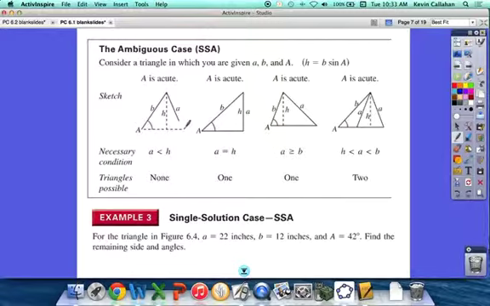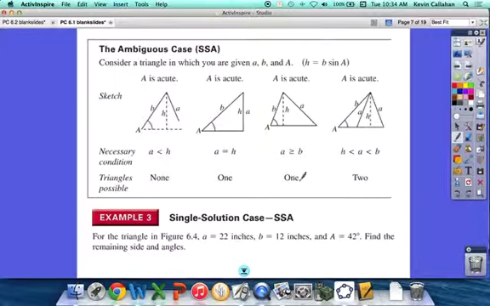So you cannot have a triangle in some cases if that side A is too short. If the opposite side, the A, is actually the same as the height, then you've got a right triangle. Then there's one solution. If the side opposite is greater than the B, then you can extend that. It'll definitely intersect with that dashed line, and you'll be able to solve for a triangle. There's one triangle then.